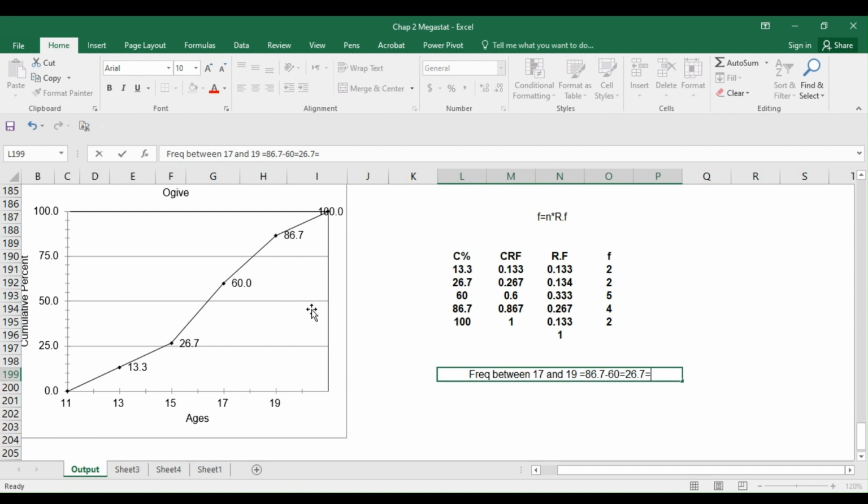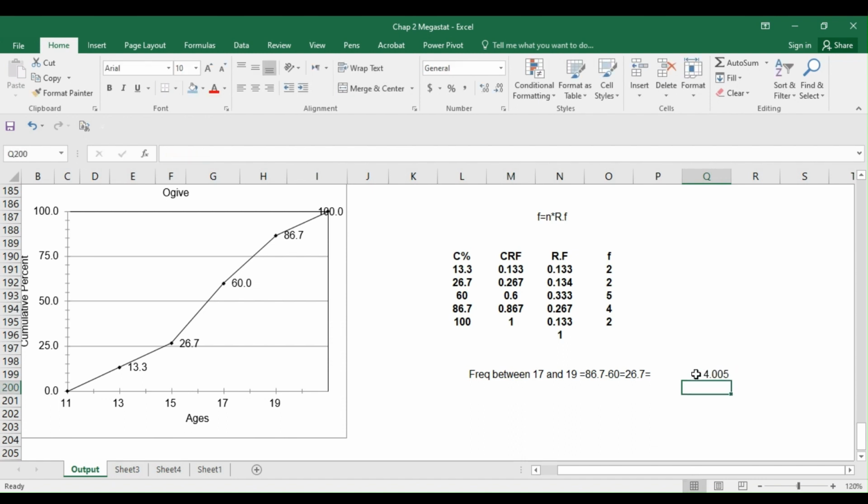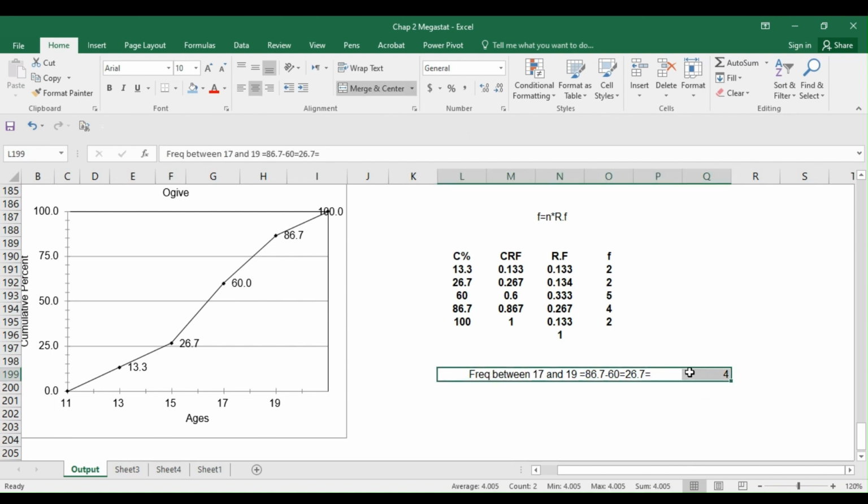This is your percentage between these two points. To convert it into relative frequency, divide by 100, and then we can find the frequency. It will be 0.267 times 15, which equals 4.005, so approximately 4. So the frequency between these 2 points is 4.